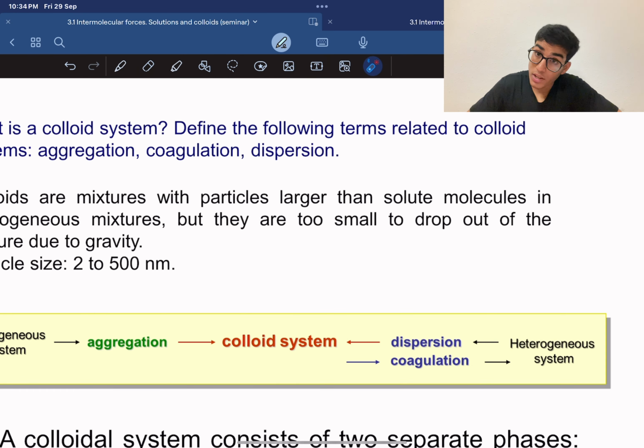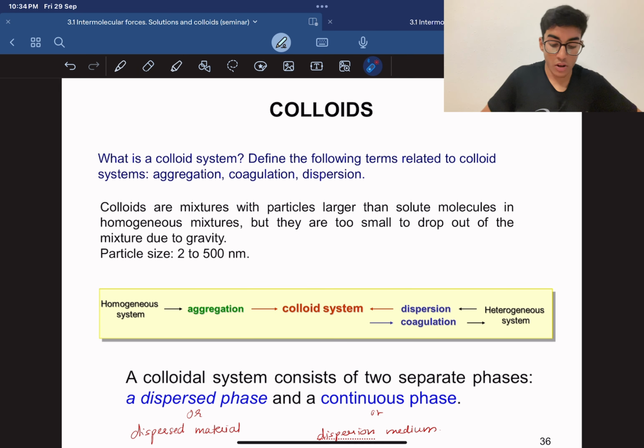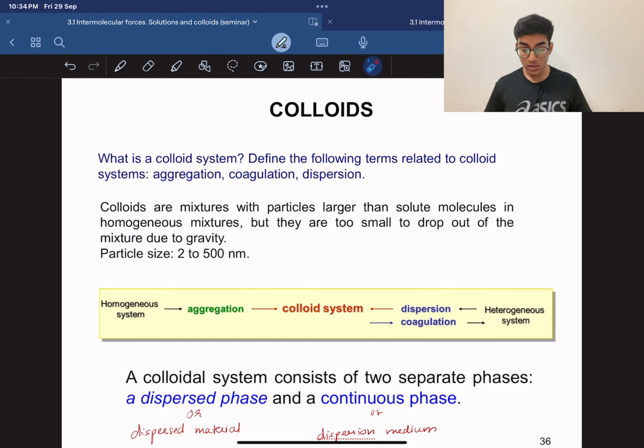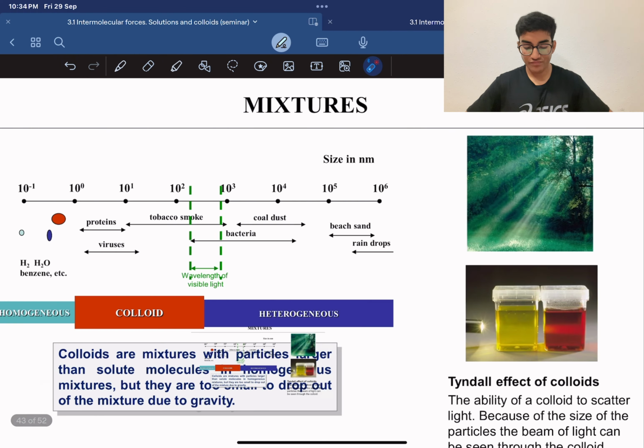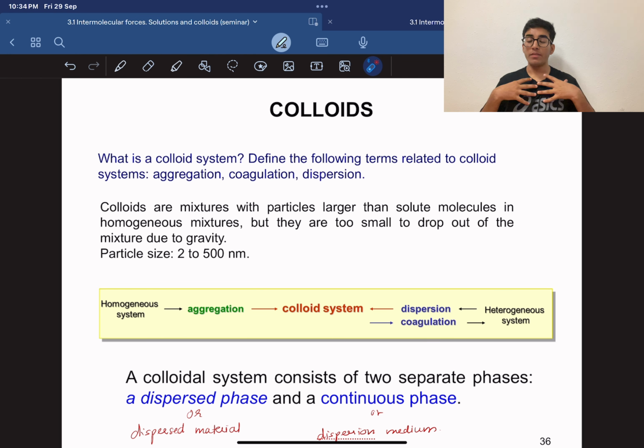Continue. Colloids. Let's look at colloids. What is a colloid system? Let me just explain this. It's very simple. Look at me. Homogeneous mixtures, heterogeneous mixtures. Okay, this water over here.